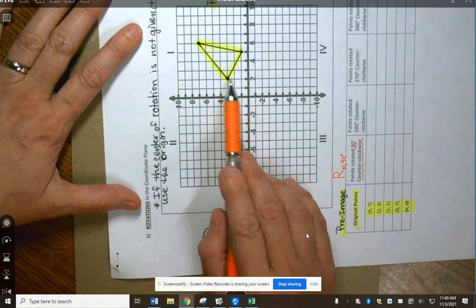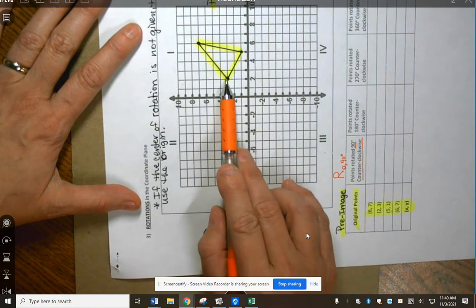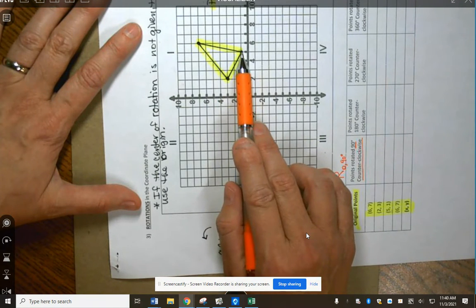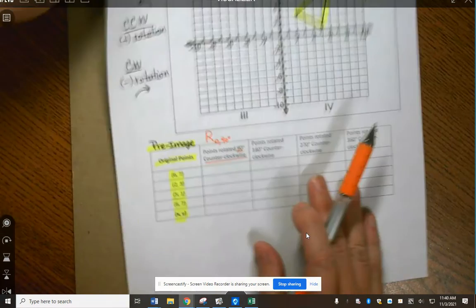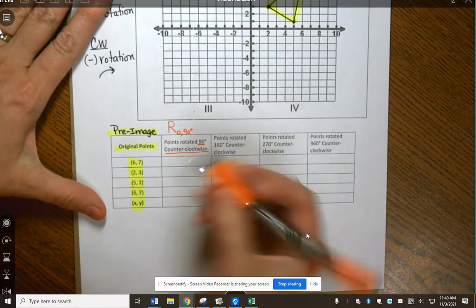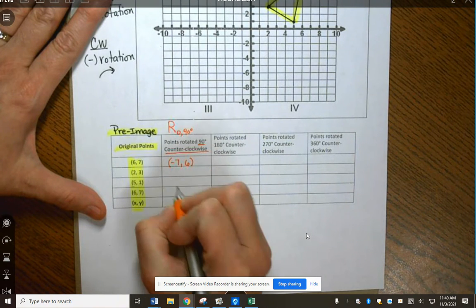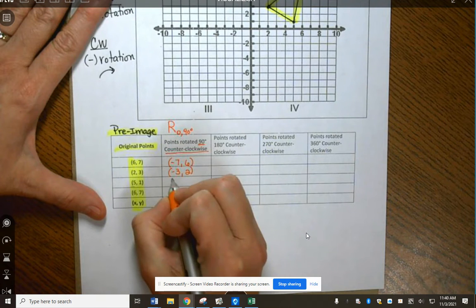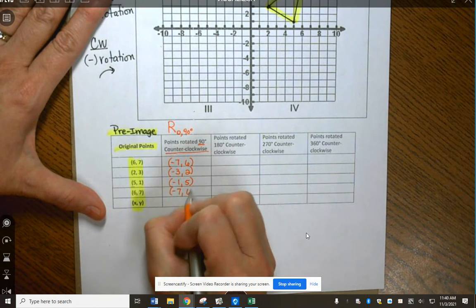This point right here is now at negative 3, positive 2. And this point that was at 5, 1 is now at negative 1, positive 5. So this becomes negative 7, 6, negative 3, 2, negative 1, 5, and negative 7, 6.